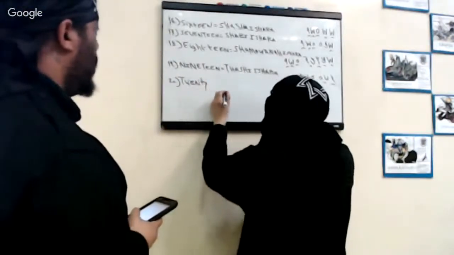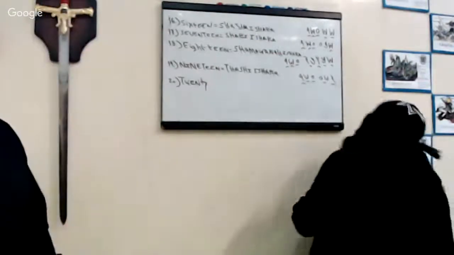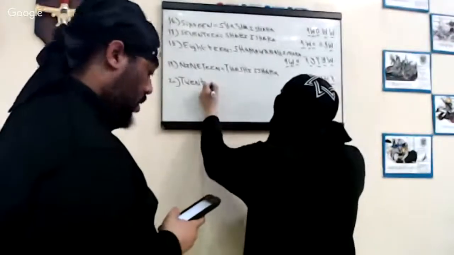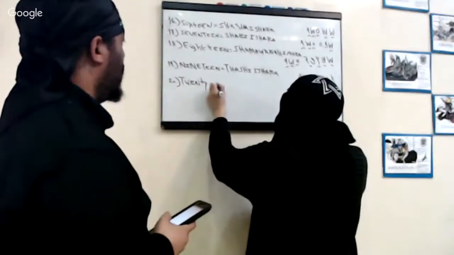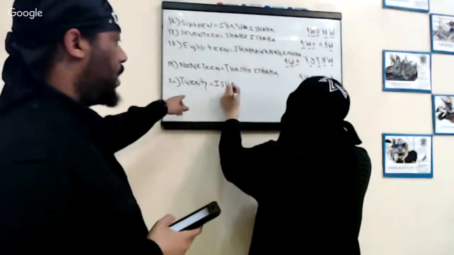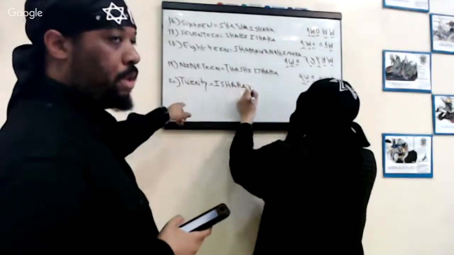Okay, so number 10 is what? How did you say number 10? And with yum it's 20. So in other words, it's like 10 plus 10 equals what? 20.